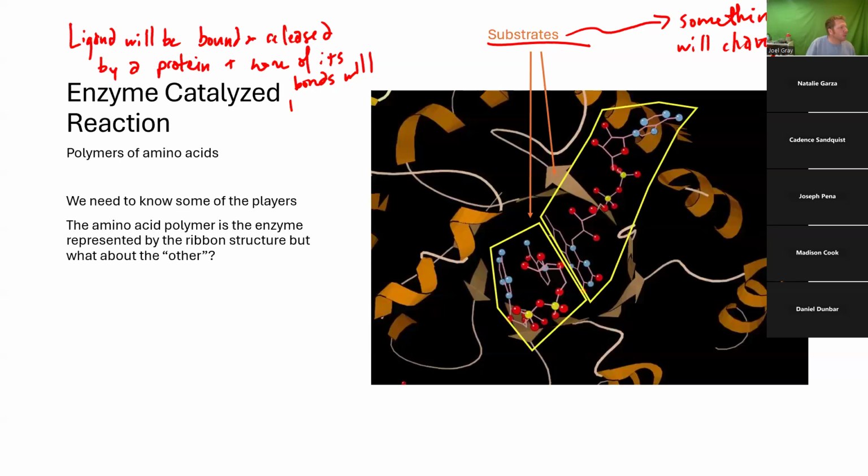I'll say, will break or be made. A ligand will be unchanged in its binding to a protein, whereas with a substrate, something's going to happen. Could everyone give me a 6 in the chat if you follow that difference between those two?